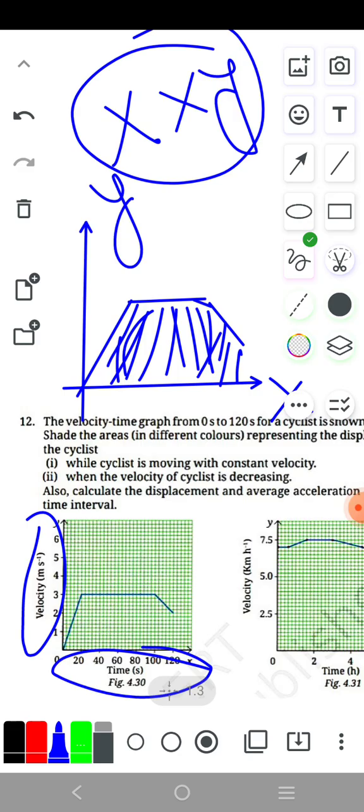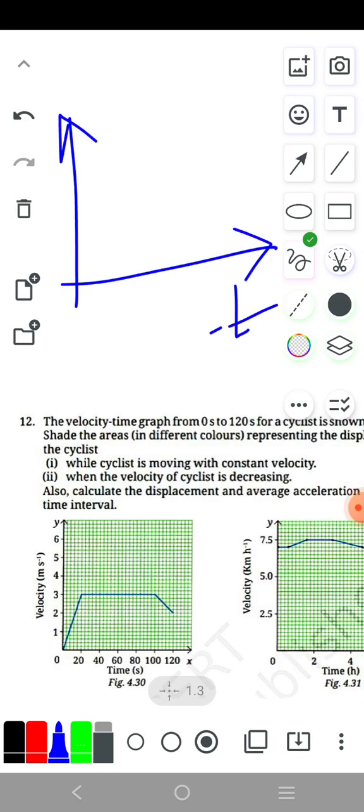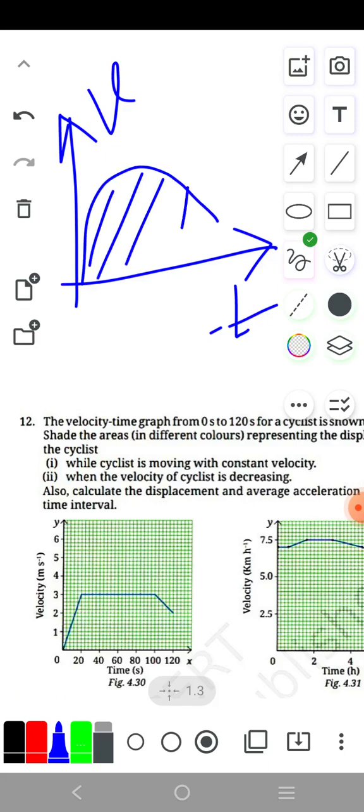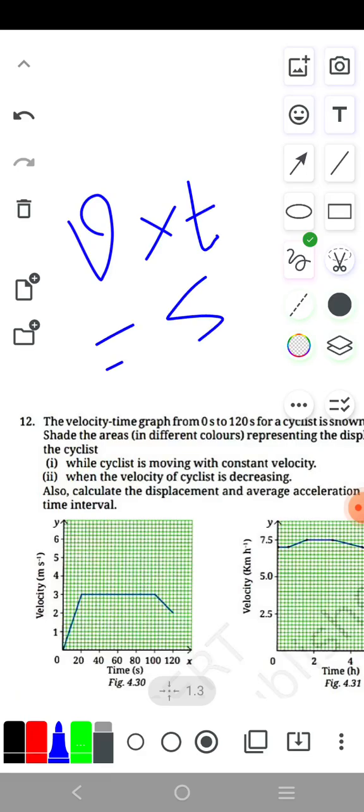Whenever you are drawing an xy graph, suppose I am telling you velocity time graph. When I am drawing a velocity time graph and I am willing to obtain the area under that graph, the area under the velocity time graph will represent velocity into time, that is displacement.